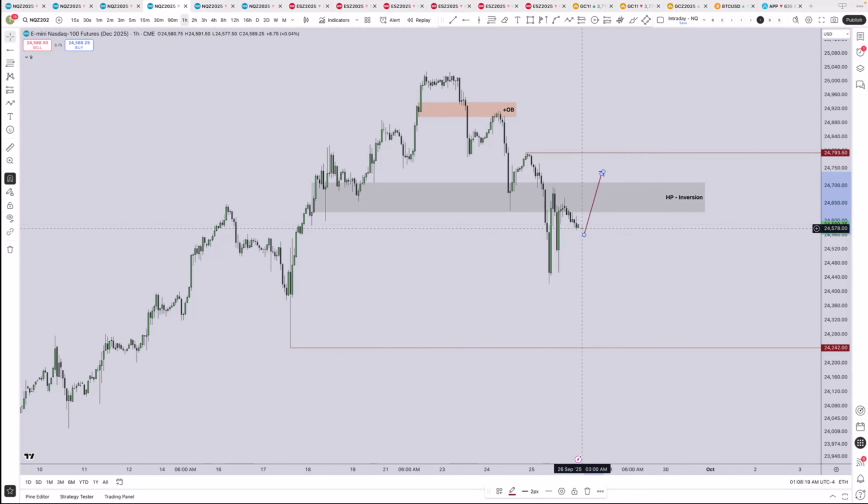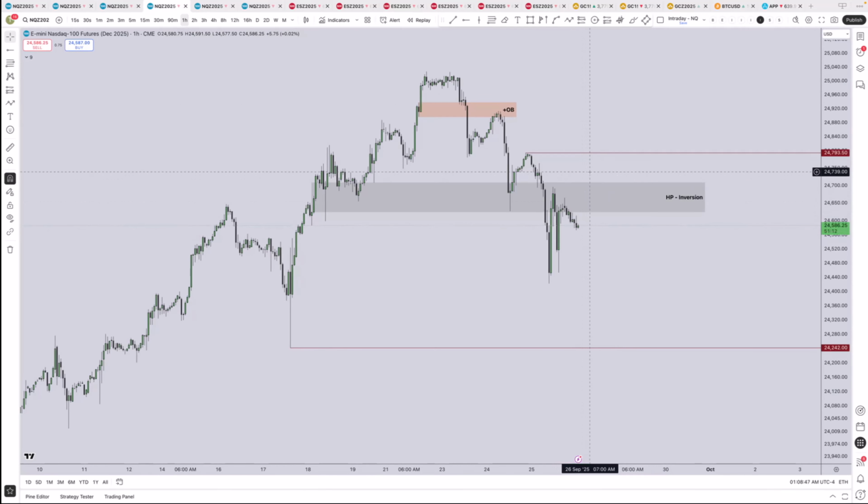For that duration, till we are hanging in between these bearish and bullish PDAs, my bias overall for the market is neutral. So that's how I use some of these PDAs, inversions, order blocks, etc., to determine what the bias can be. And right now, as I said, it's neutral for me.